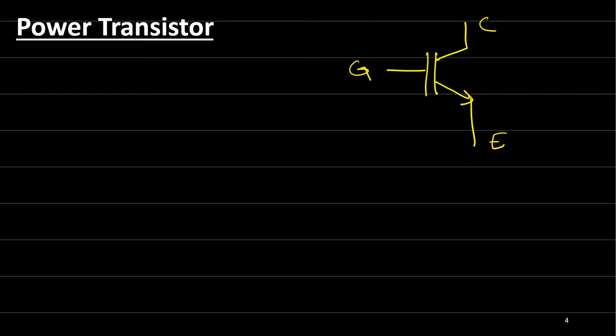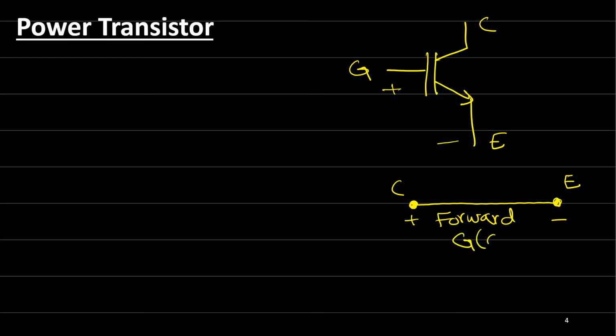If the transistor is in the forward bias, this will act as a short circuit. If we apply positive voltage here, then the gate is on and the current is flowing in the transistor, so CE will be a short circuit and it will be in the forward bias.